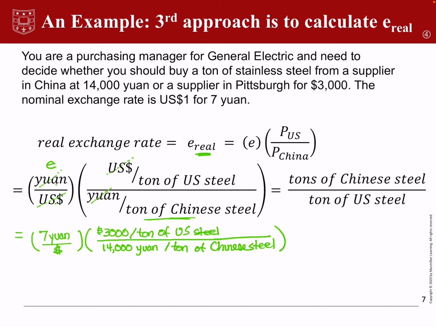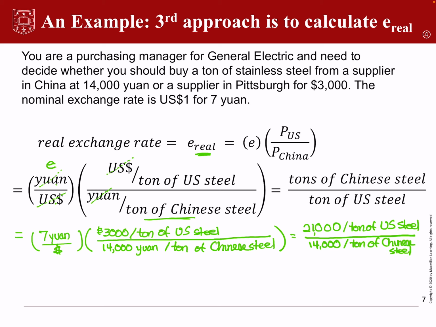So what are we left with? We are left with 2,100 per ton of US steel divided by, of course, 1,400. Now our units are gone, per ton of Chinese steel.